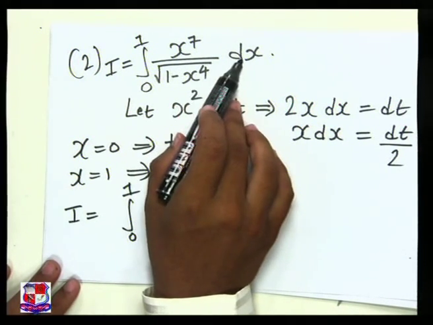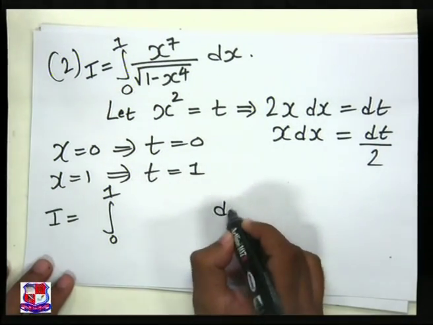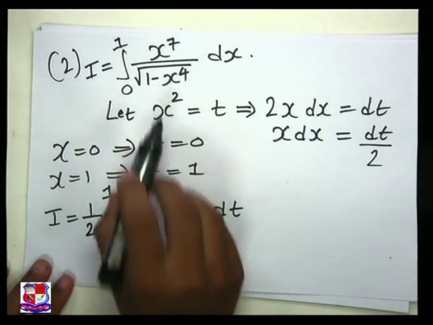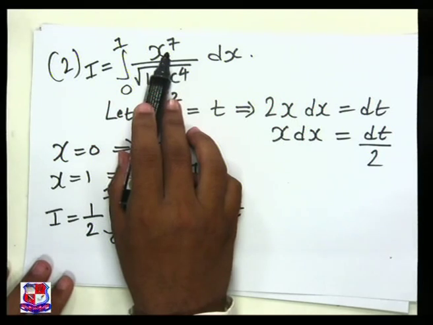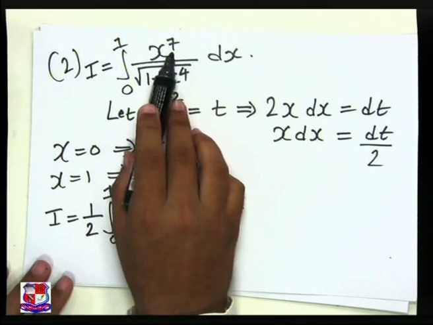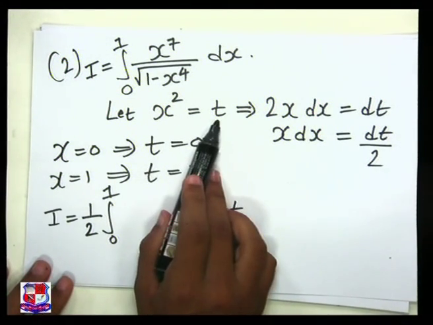Now x dx is equal to dt by 2, and x raised to 6 can be written as t raised to 3, because x square is t.